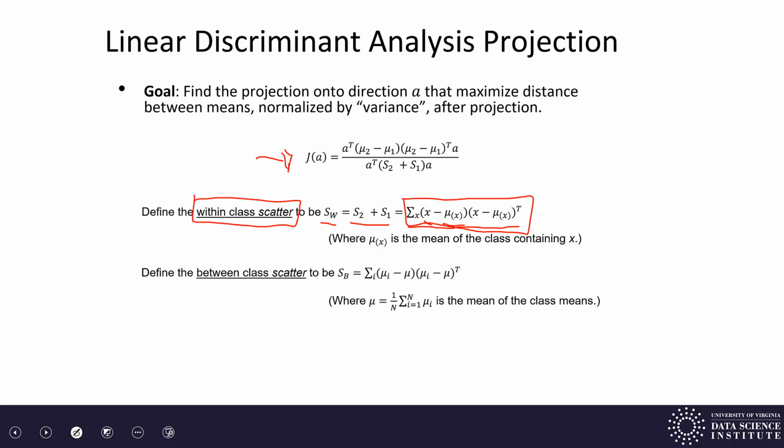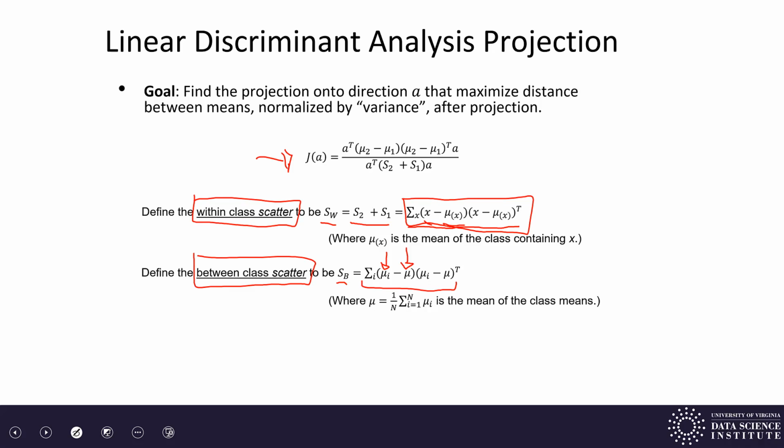And then the between class scatter, that's S subscript B for between class scatter, and it's the scatter formula but applied to the means. So this is the mean of class I, and this is the mean of all of the means, where in this case we only have two means, so it's a little bit simpler of a situation.